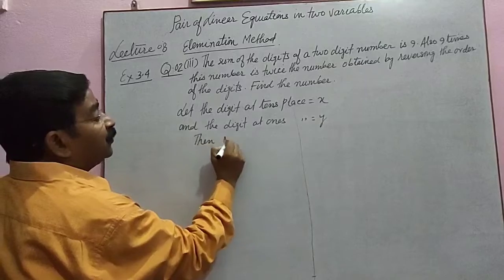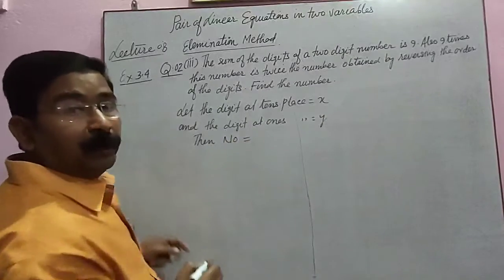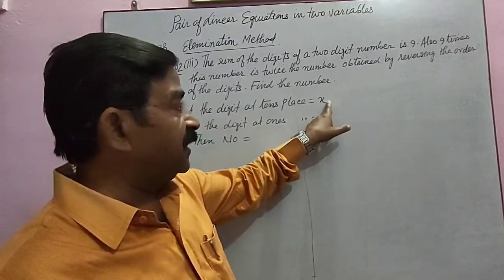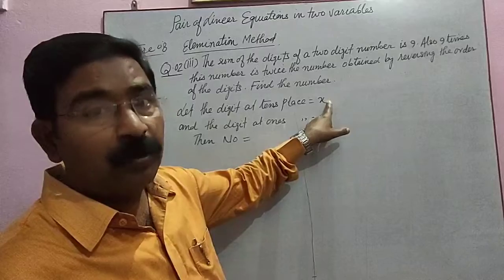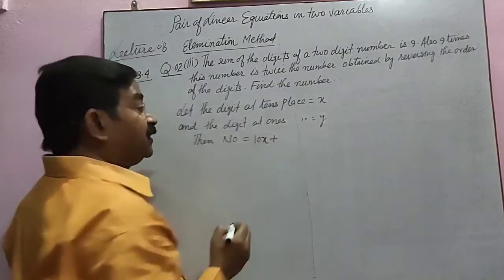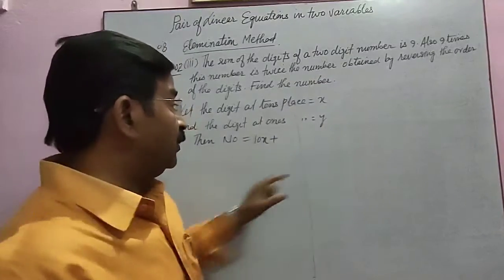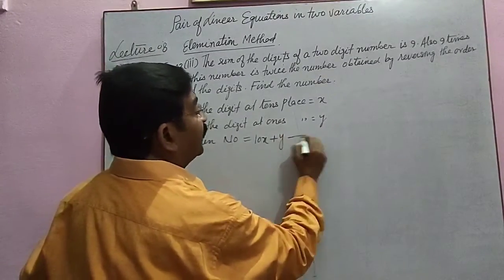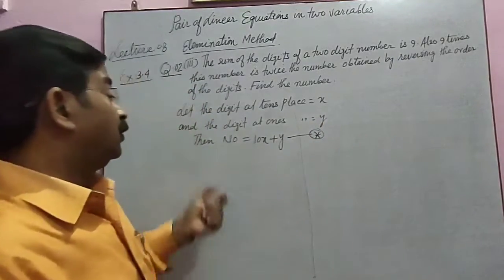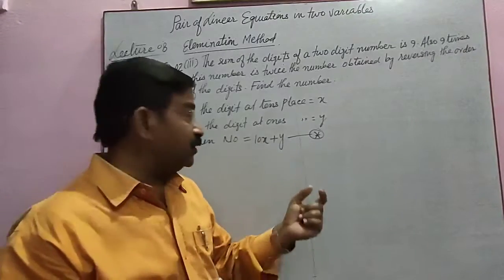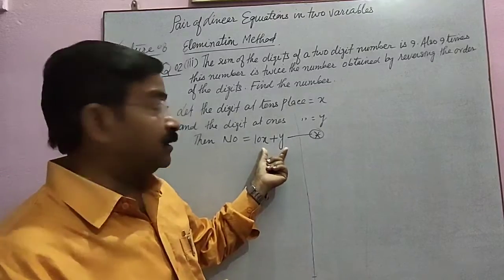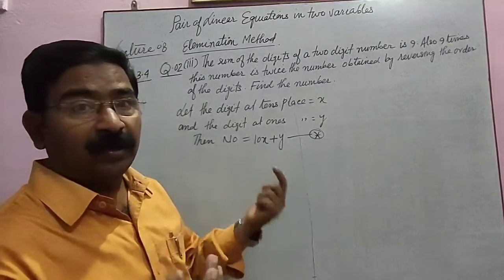Then the number is, using the place value, x at tens place has value 10x, and y at ones place has value y. So 10x plus y is the number. After solving the equations, we will get the values of x and y, and you will put them in 10x plus y to get the number.